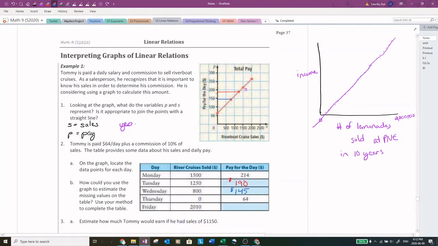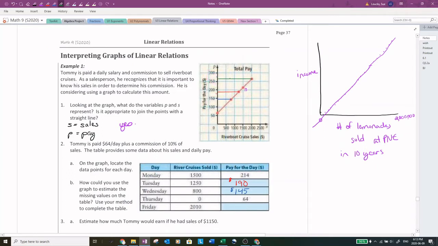And on Friday, he sold $2,010 worth of cruises. So that's going to be just a little bit, like really close to the 2,000. That'll be that point right there. And if that's 250, halfway is 275.